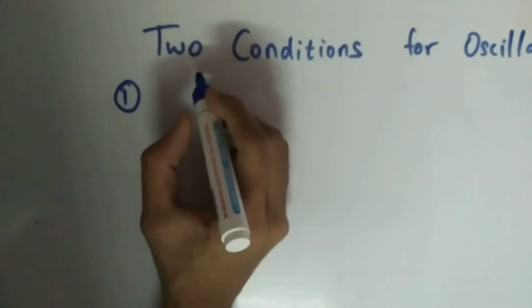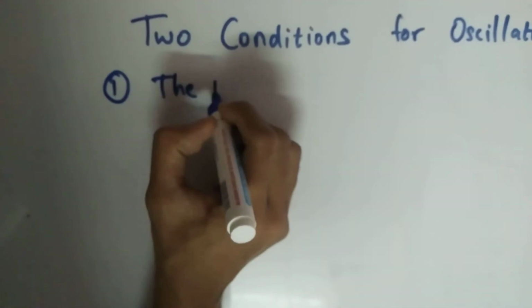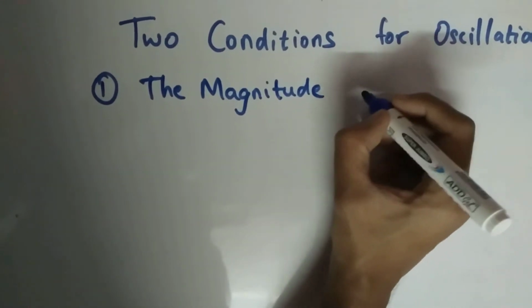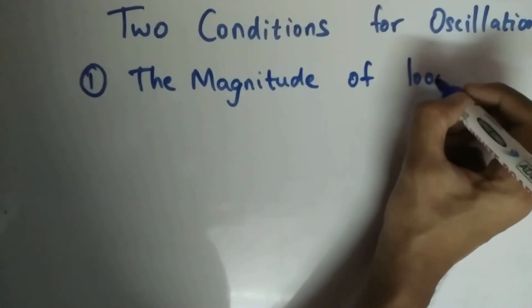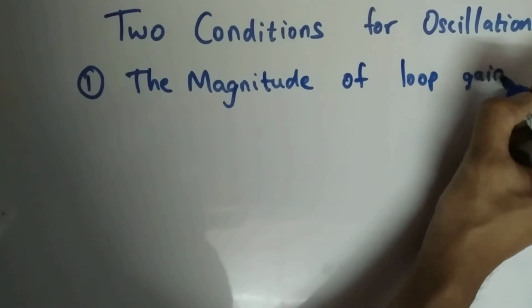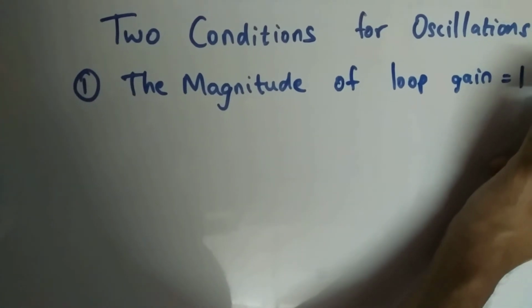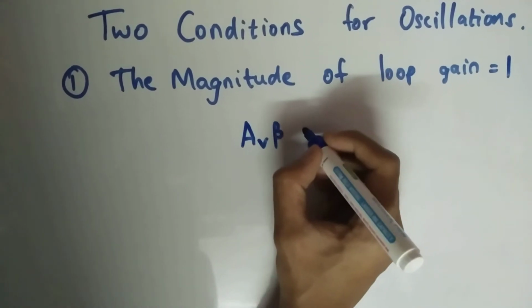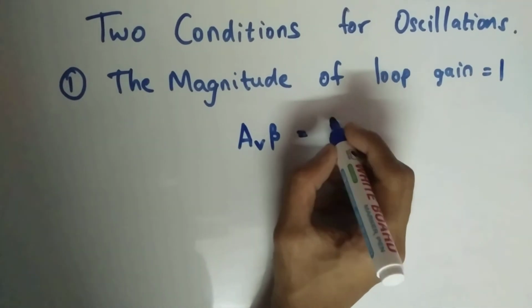The first one is the magnitude of the loop gain must be equal to 1. That is, the gain of the amplifier into feedback gain must be equal to 1.